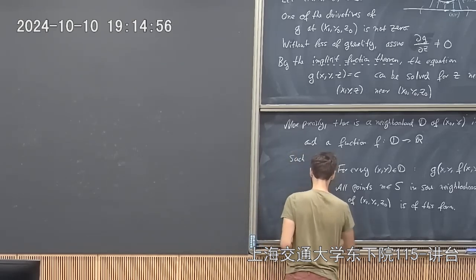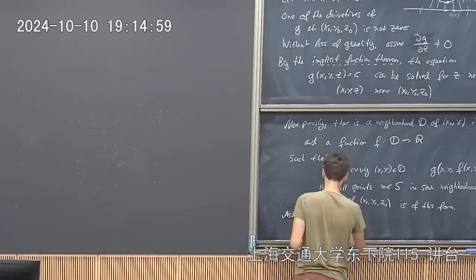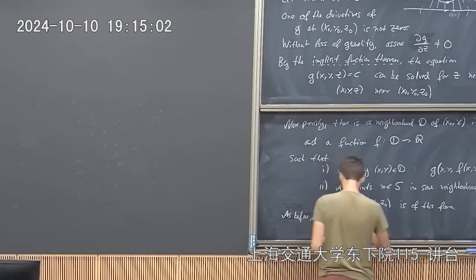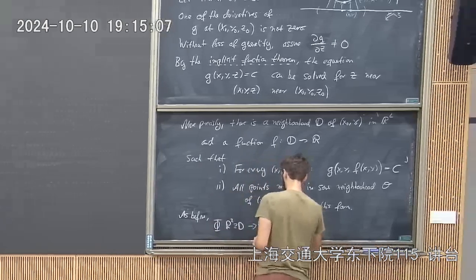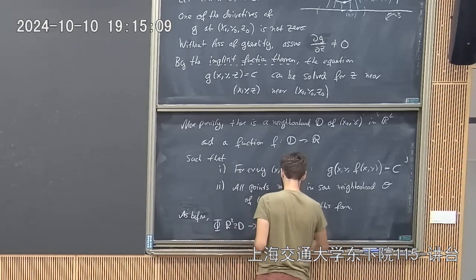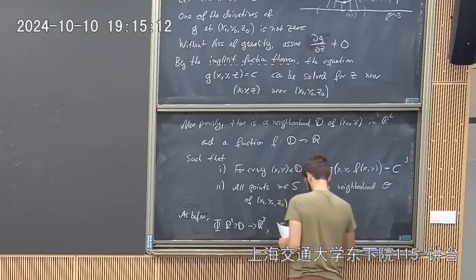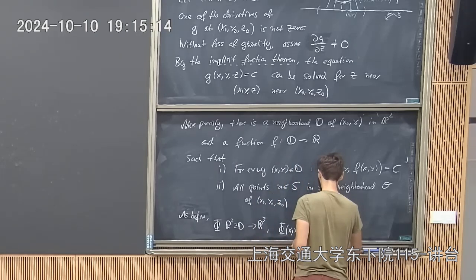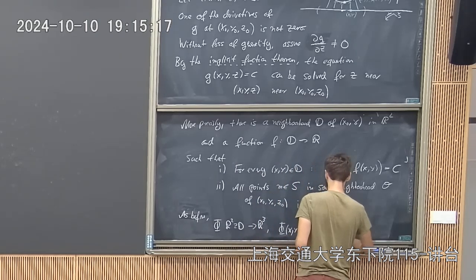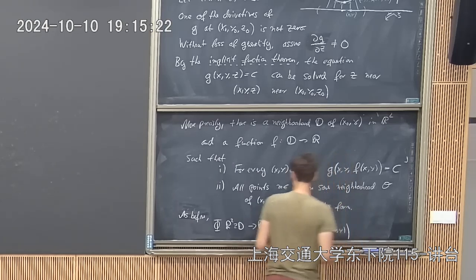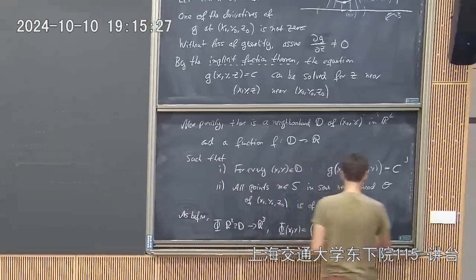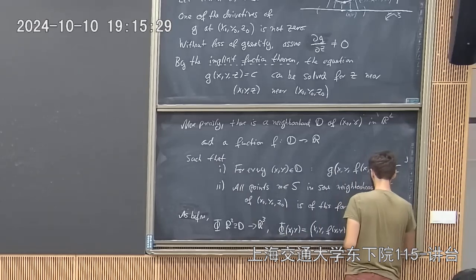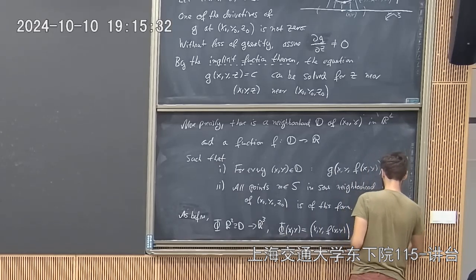We can now define the chart, which is defined on D and takes values in R3, and the same argument as before says that this is a coordinate chart.